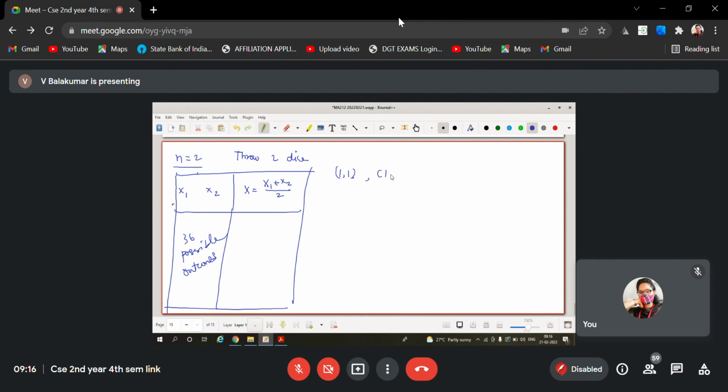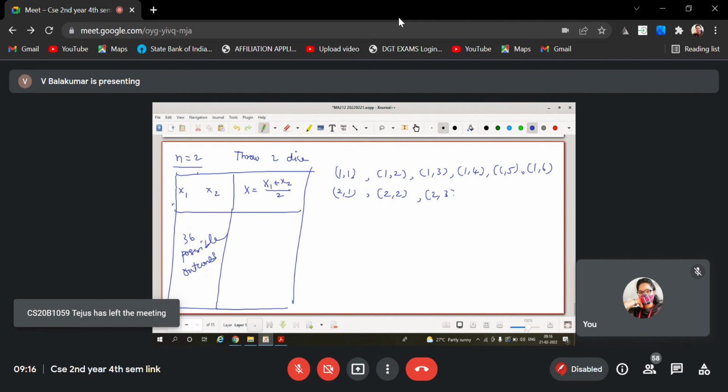One outcome, two, and you compute how many values are possible for capital X in the meantime.